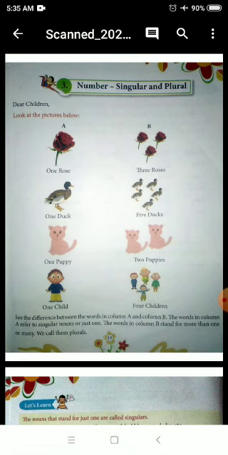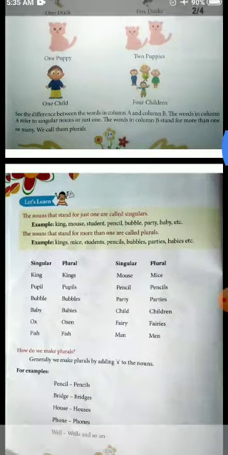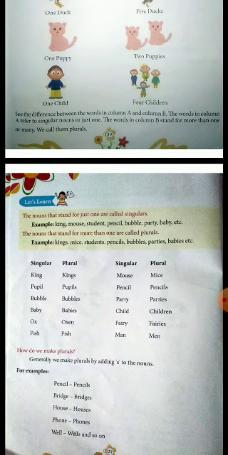So students, there are examples given in your book. You can look at them. King is singular, and if it changes to plural, then we will write it kings. And students, when we change few words from singular to plural, we add s after the word.